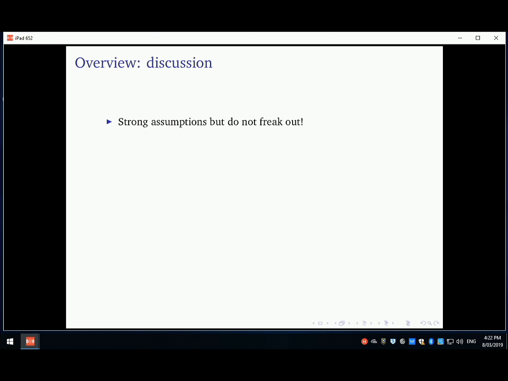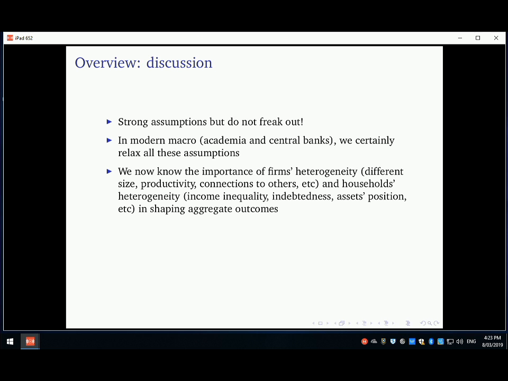In order to teach you the right mechanisms, we need to make simplifying assumptions. Then when economists go work in a central bank, or when you are consulting at some government institution about some potential problem, the models are going to be much more general, right? Although now we're making these assumptions, in modern macro and central banks we relax most of them. So please don't be discouraged by this.